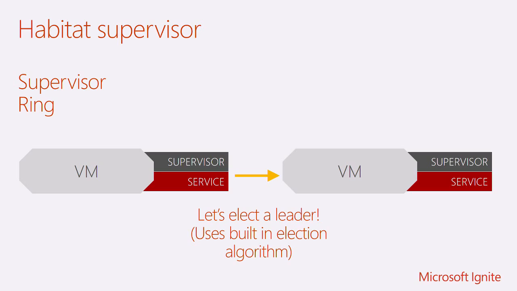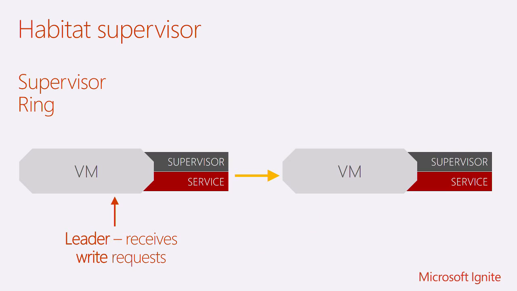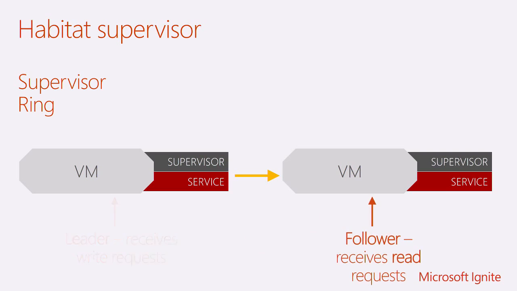This means they need to run another election to decide on a leader, and they will do this automatically. They'll run that election algorithm again, and let's say this one wins the election. It'll start receiving all the write requests, and this one over here, the follower, will start receiving all the read requests. All of this happens without human intervention and without a central control server.